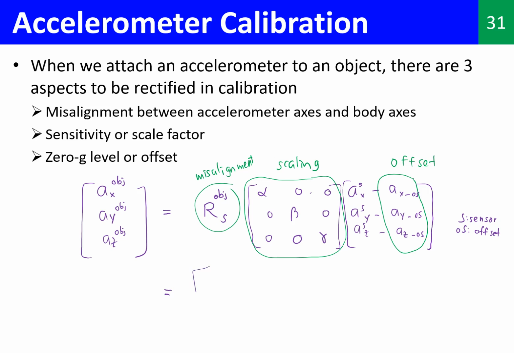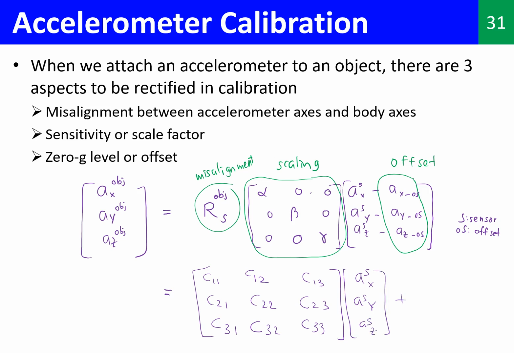Let's call the elements C11, where C stands for calibration, C12 and C13, C21, C22, C23, C31, C32 and C33, and we can have the sensor reading like this. Sorry, that should be S, Z.